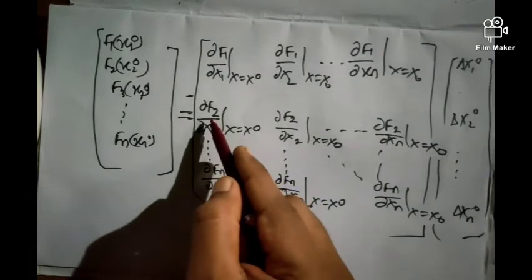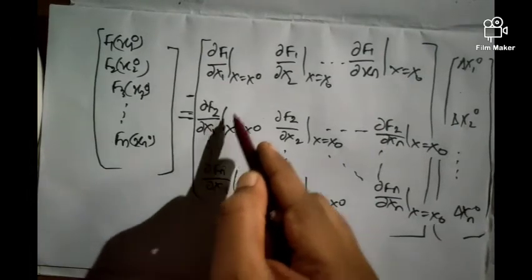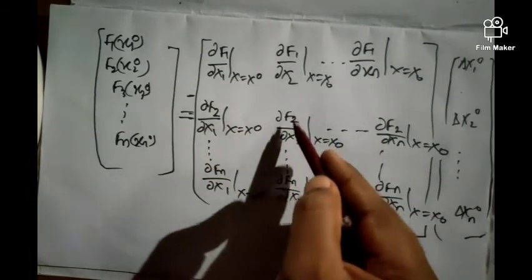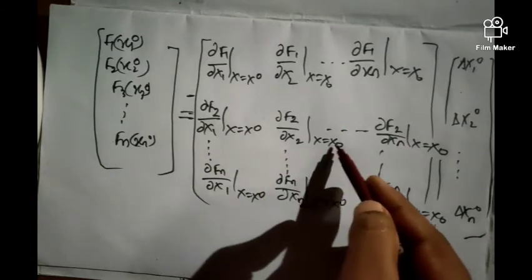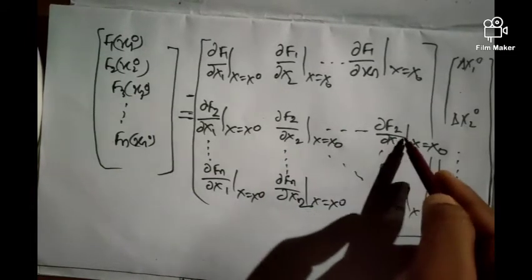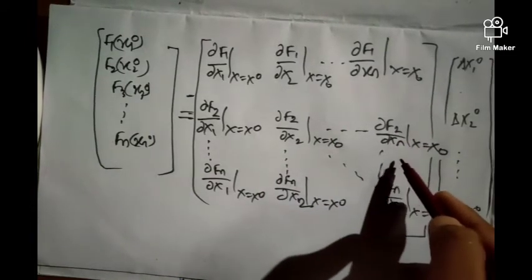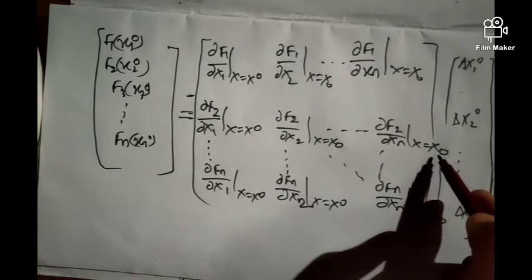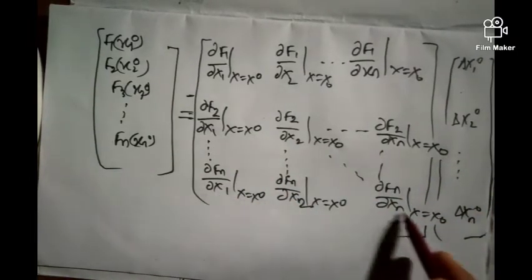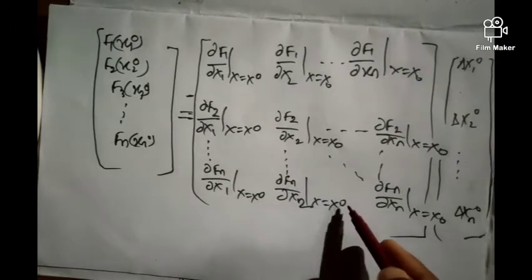In the second row, del f2 by del x1 at x equal to x0, del f2 by del x2 at x equal to x0, up to del f2 by del xn at x equal to x0. Like that you have to form the last row.